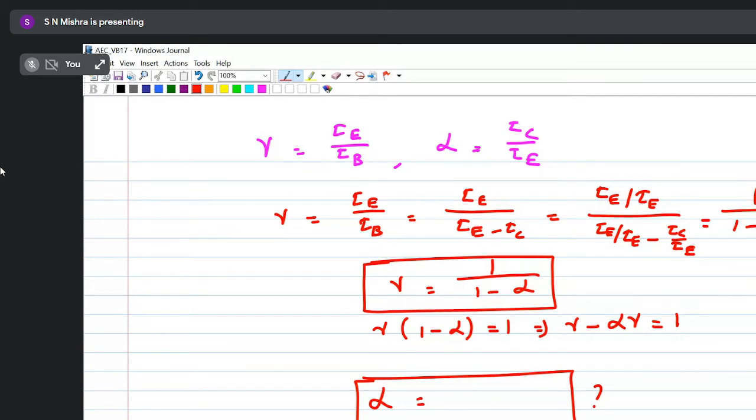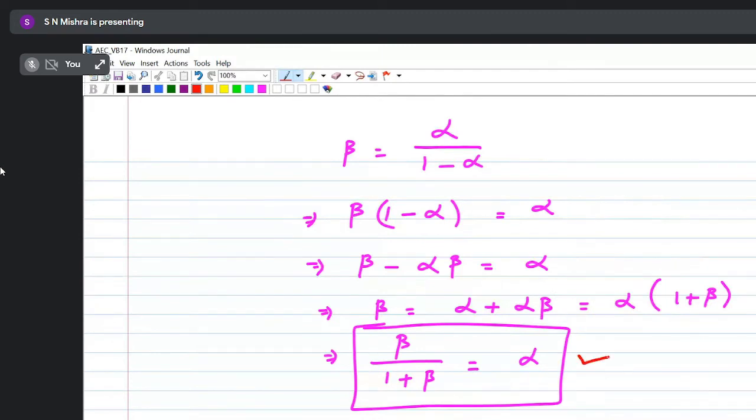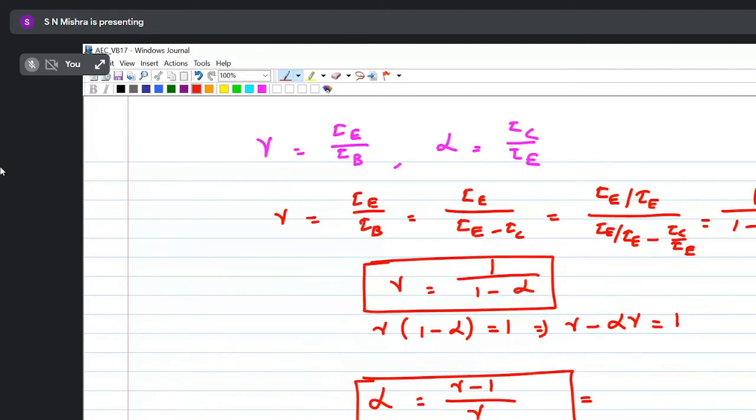Gamma minus 1 by gamma, which in terms of beta, as we have found out, is beta by 1 plus beta. Here we have considered a three-port optical circulator.